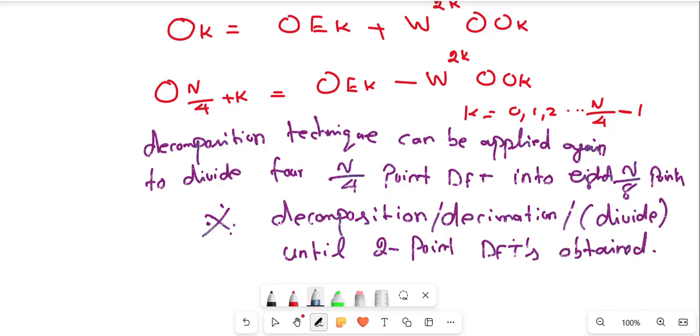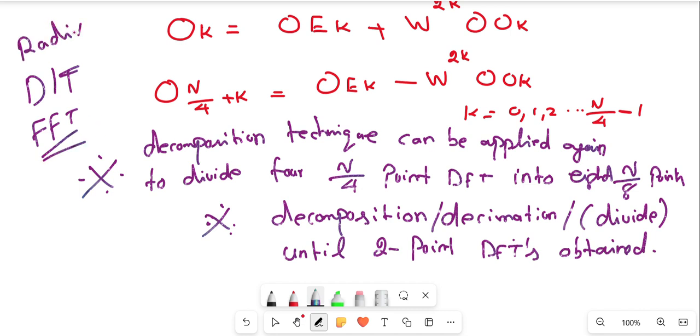So this is the algorithm, a decimation in time FFT algorithm derivation. Radix 2, this is the radix 2 decimation in time FFT algorithm.